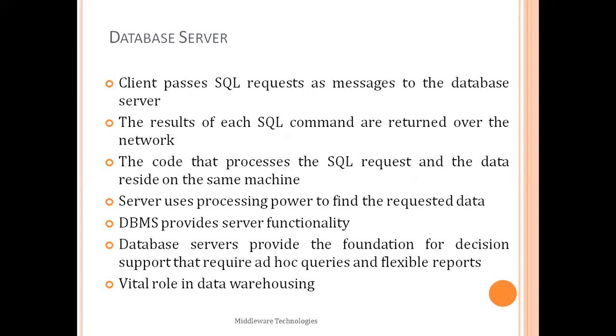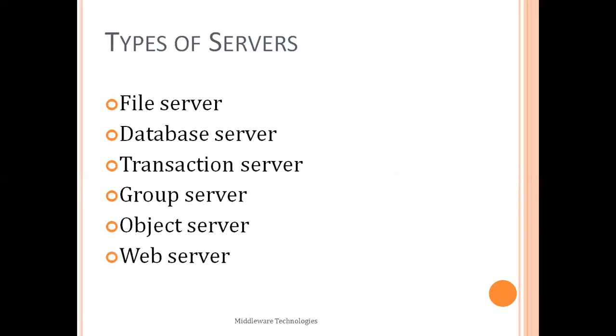So in this session, we have seen different servers like file server, database server, transaction server, group server, object server, and web server. Each and every server type will provide a particular kind of activity: file server only for accessing files, database server to only provide database access, transaction server only to provide transaction services like responses to a group of SQL statements, and a group server only to provide the software application services to clients.